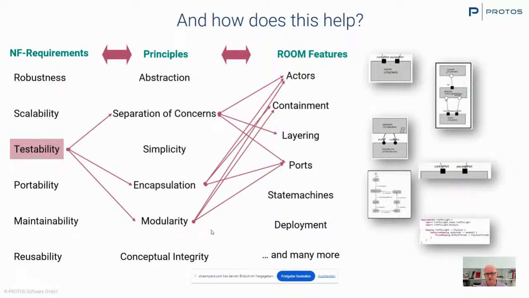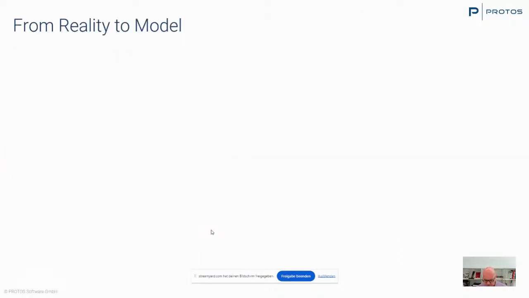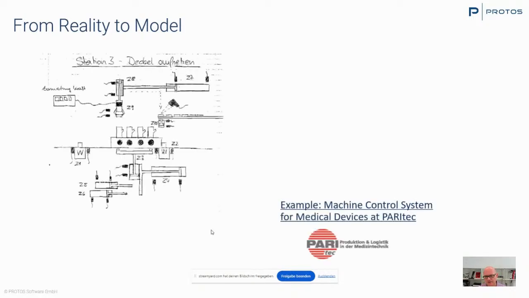So an example from a project, it's a medical production plant at Paritech for inhalers, for asthma, and for colds, and so on.